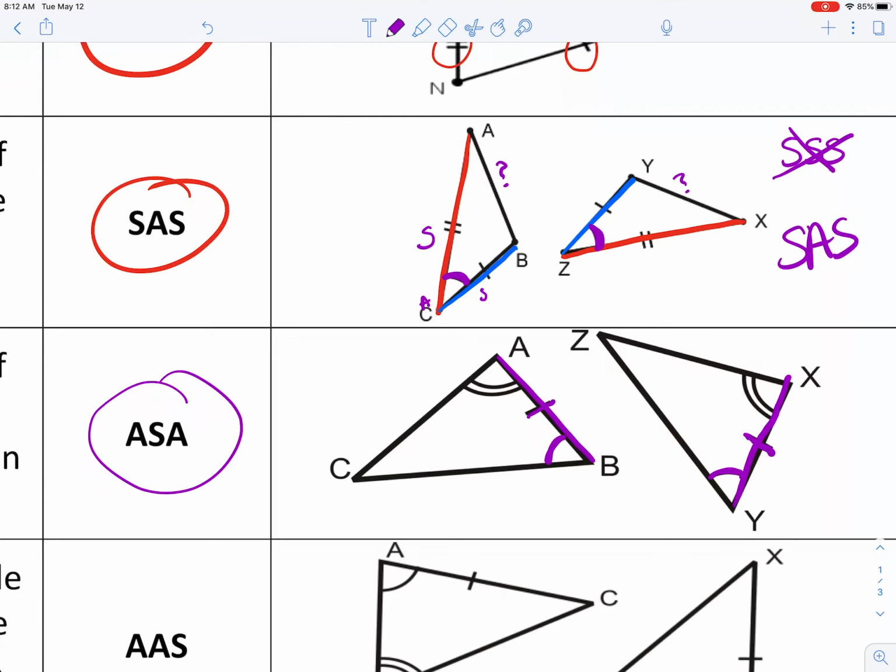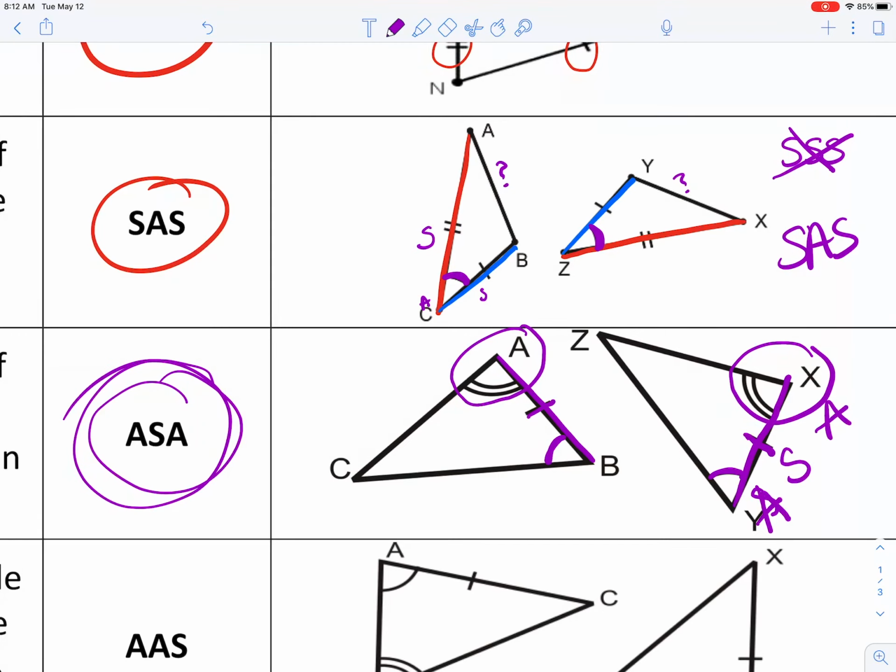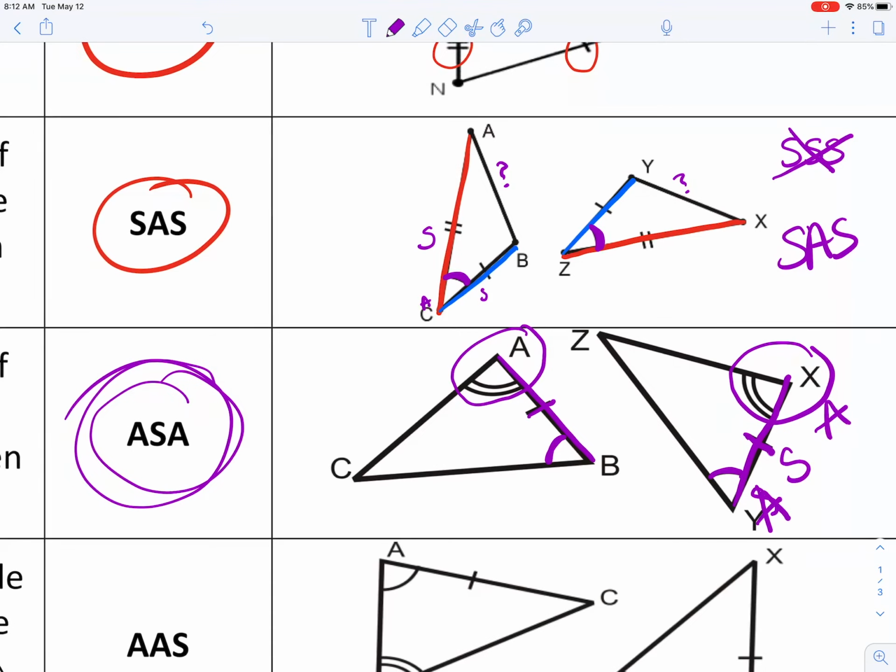Now this side is the same because they both have one tick mark. And this angle is the same as this angle because they both have the two angle markings. So right next to each other, we have an angle, a side, and then an angle. And because ASA works, angle, side, angle, this is congruent.